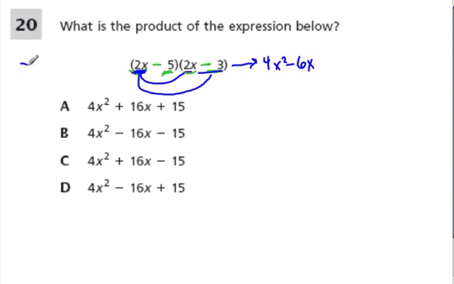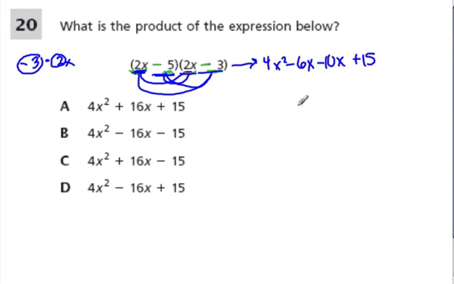Why? Because we're going to multiply these two coefficients to get -6, so it's -6x, and then we have -5 times 2x, right? But now we're distributing the second term, and that's -10x, and then -5 times -3, which is +15.